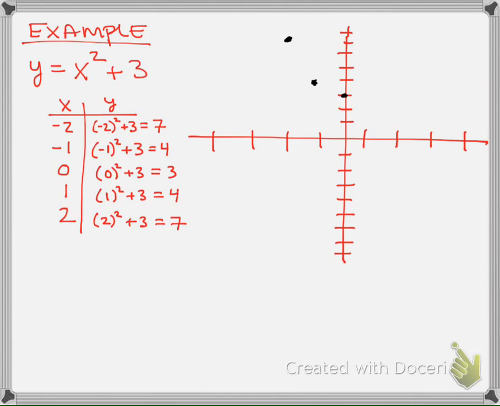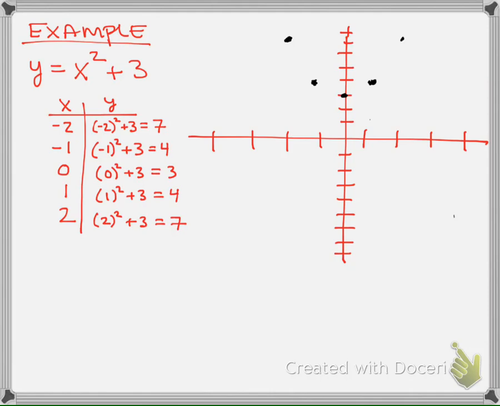The next one, 1 to the right this time, and 4 up. So 1 to the right, 1, 2, 3, 4 up. And the next one is 2 to the right, 7 up.